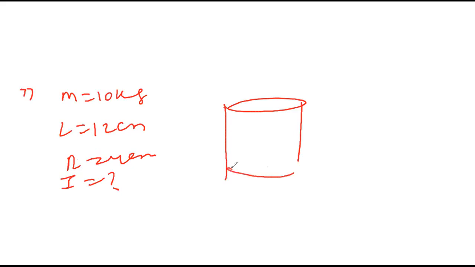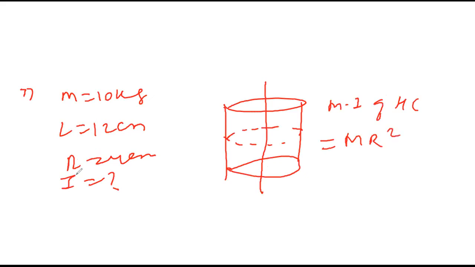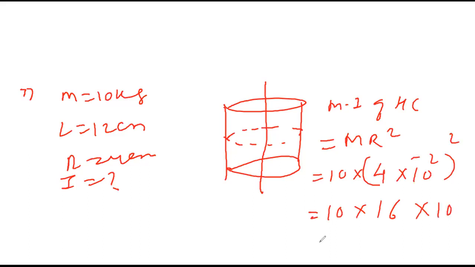About its own axis means the geometric axis. When I cut this into a number of parts, it will look like a ring. So the moment of inertia of a hollow cylinder is m r square. The length has no meaning here. So m is 10 kg, r is 4 centimeter, convert into meter square. That means it is 10 into 16 into 10 raised to minus 4. So 16 into 10 raised to minus 3 is the option.